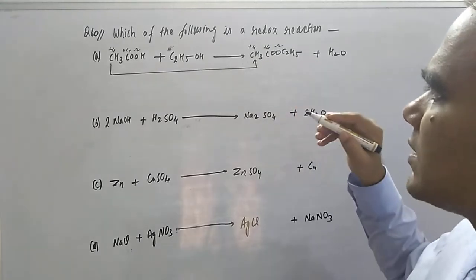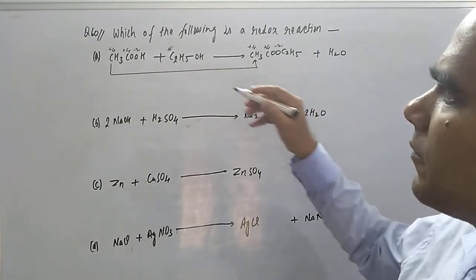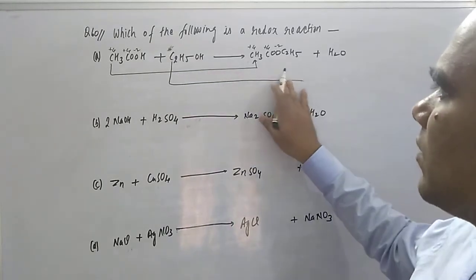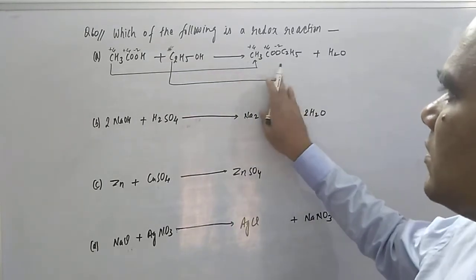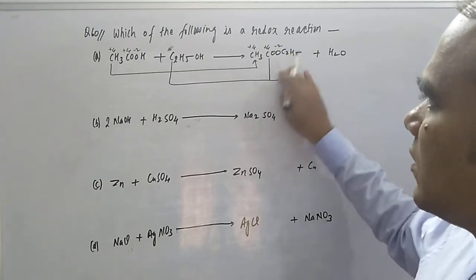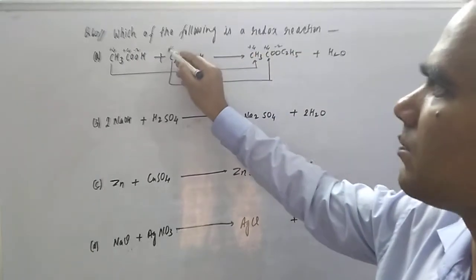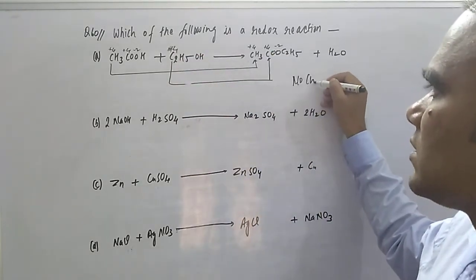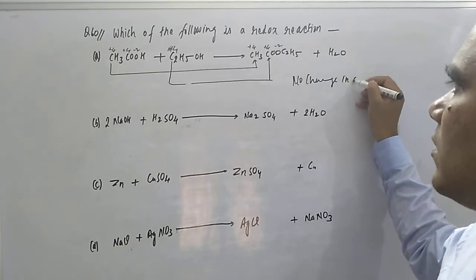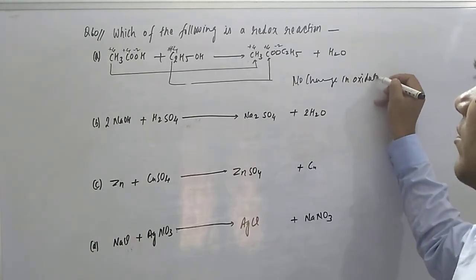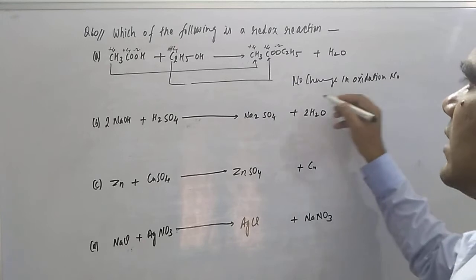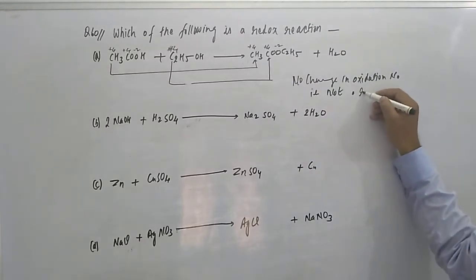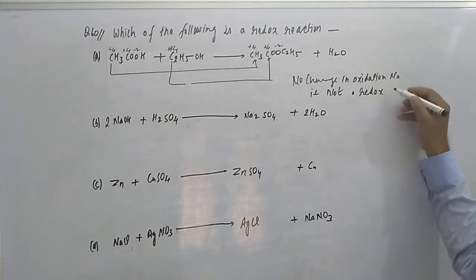And here, this is also plus 4 only, this carbon is converting to this carbon, so plus 4 to plus 4, no change in oxidation number. So that is not a redox reaction. So the first one is not a redox reaction.